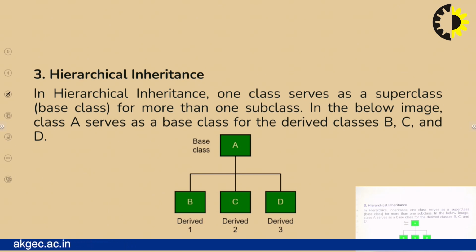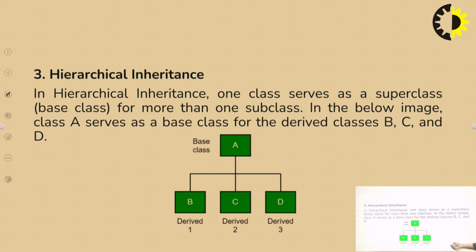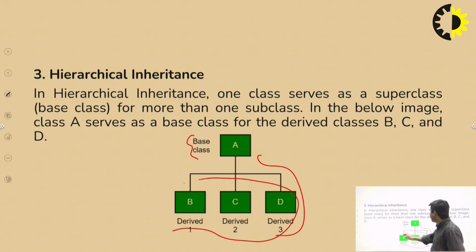In hierarchical inheritance, one class serves as a superclass, or base class, for more than one subclass. In the image below, class A serves as a base class, and B, C, and D are the derived classes.